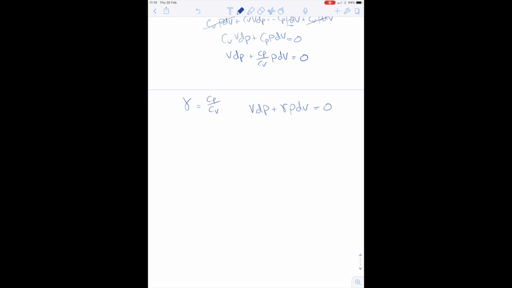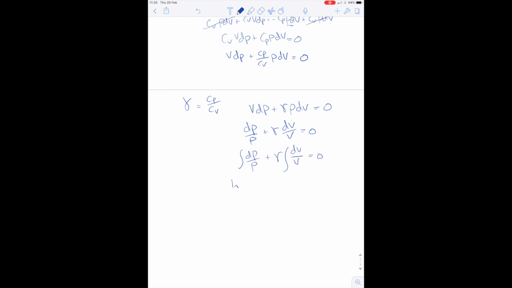Okay, so we'll just rearrange a little bit more to get one term in terms of pressure and one in terms of volume. So we have dP over P plus gamma dV over V equals 0, and we want to get rid of the differential terms by integrating. So the integral of dP over P plus gamma times the integral of dV over V equals 0.